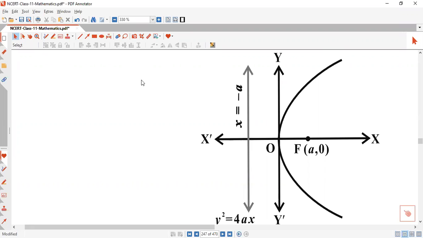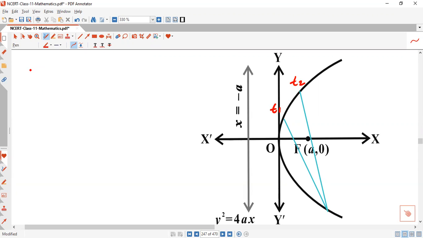Let's say suppose you have a tangent, and one point of the tangent is known to you. And we have another tangent. Let this point be T1 and this point be T2.